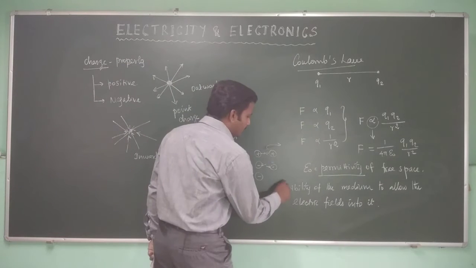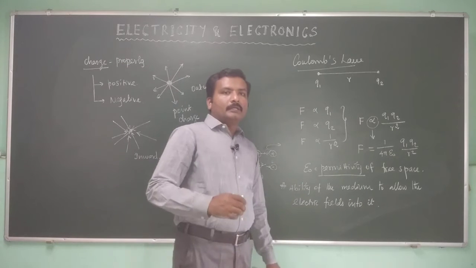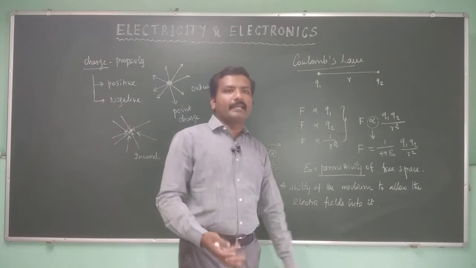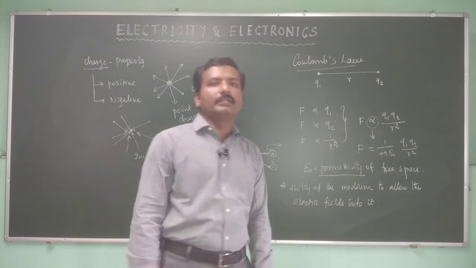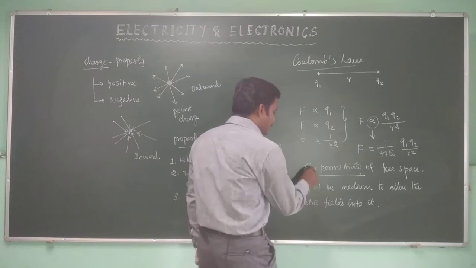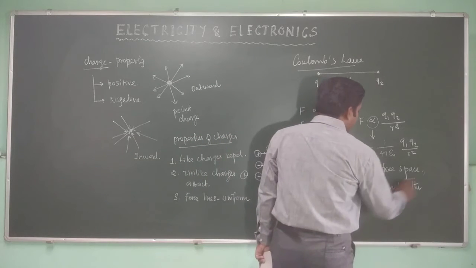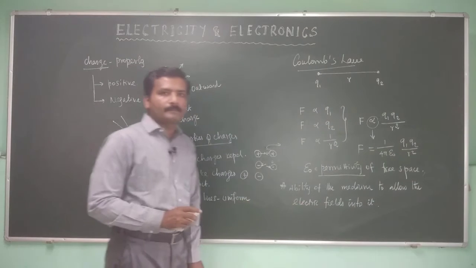This epsilon tells us the ability of the particular medium, how capable it is to allow electric field into it. That is permittivity. The subscript 0 means epsilon naught is the permittivity of free space.